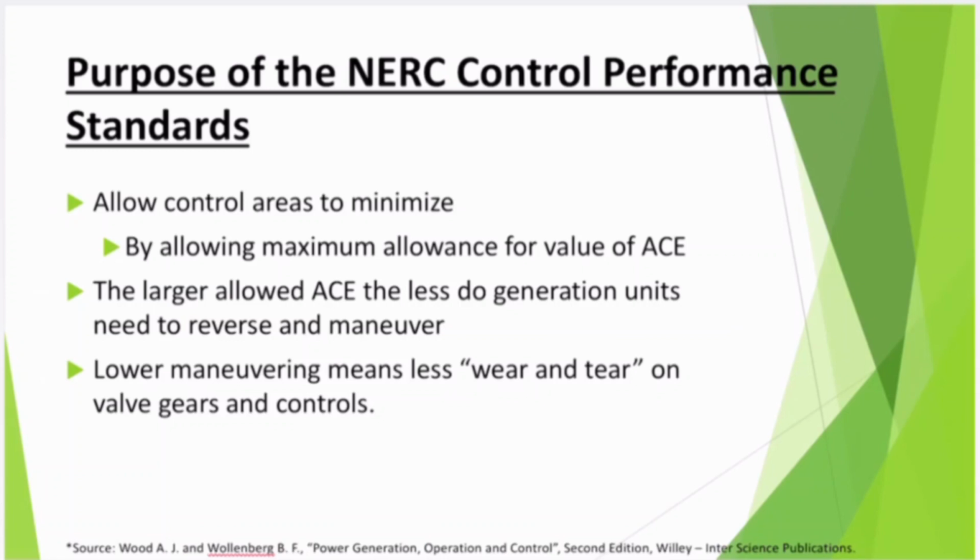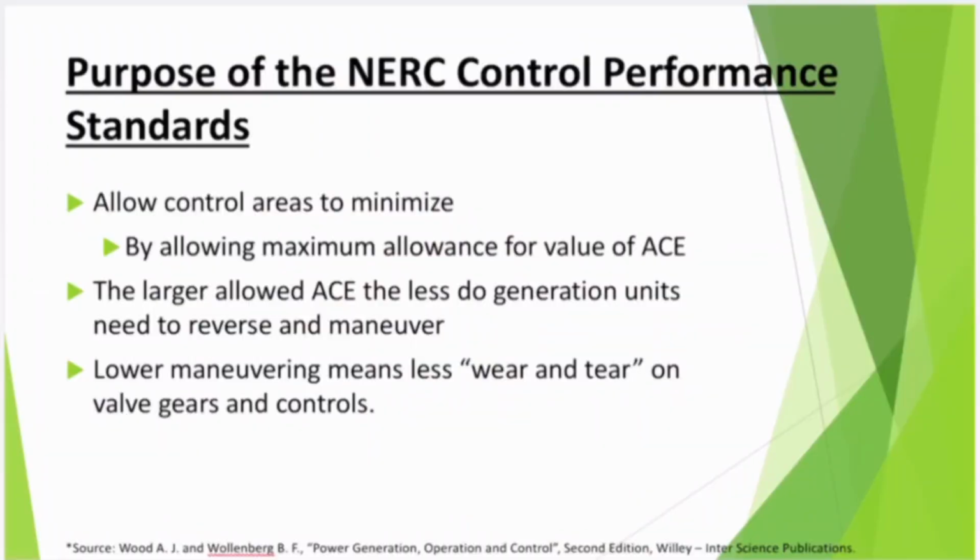Now, by having control performance standards, we allow control areas to minimize effort by allowing a maximum allowance for the value of ACE. If your area control error is good, then you will be given allowances. The larger the allowed ACE, the less generating units need to reverse and maneuver. Lower maneuvering means less wear and tear on valve gear and control.